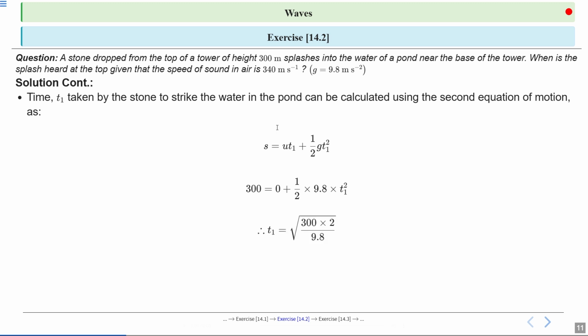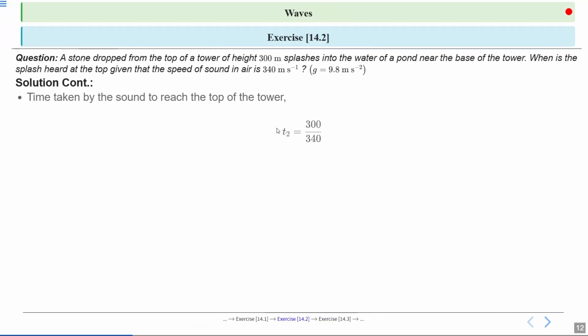Rearranging the terms, t1 equal to under root 300 into 2 divided by 9.8. Solving this, you will get 7.82 second.